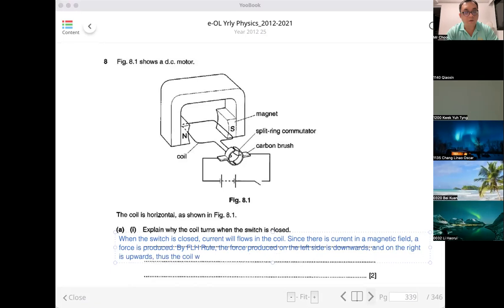Thus, the coil will turn clockwise. Is that okay?